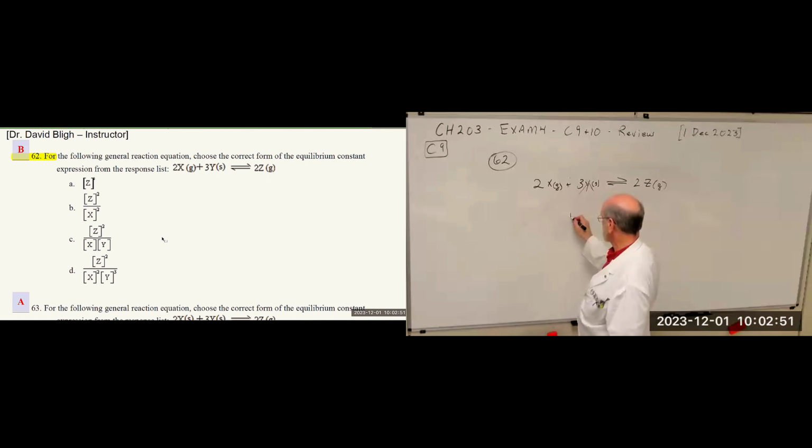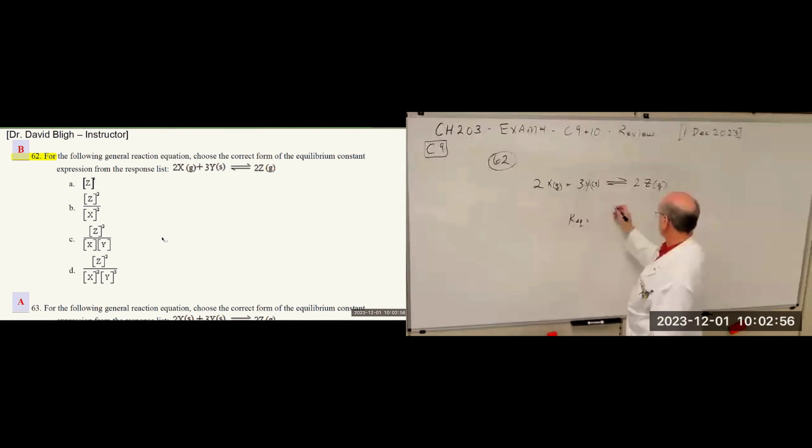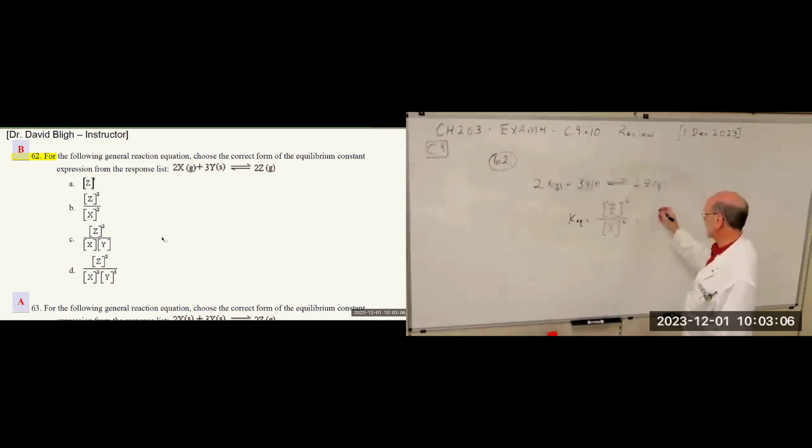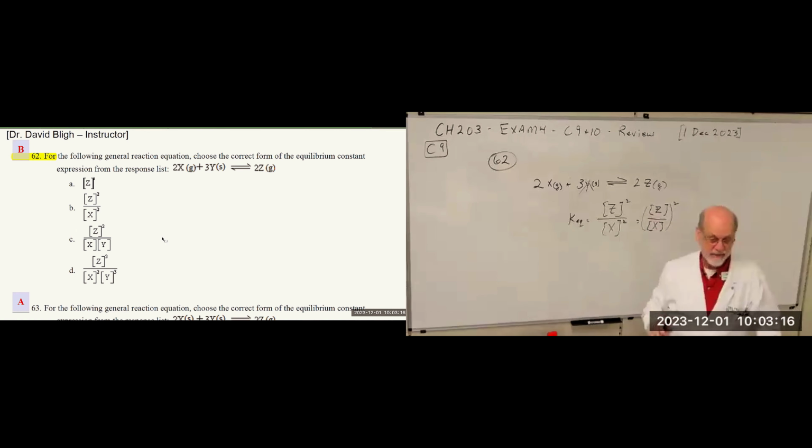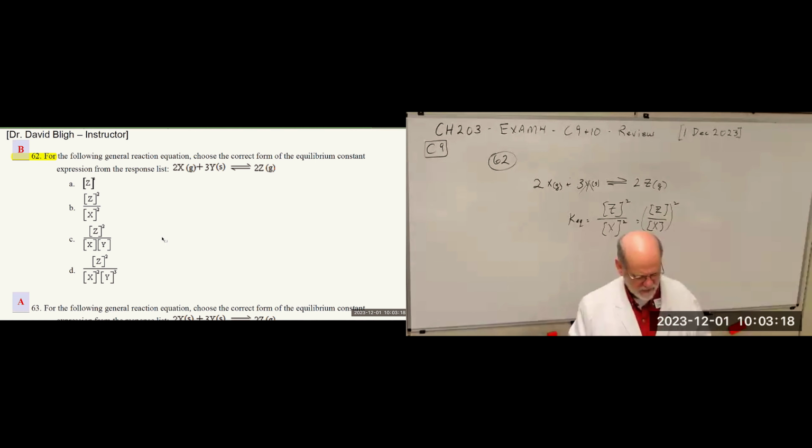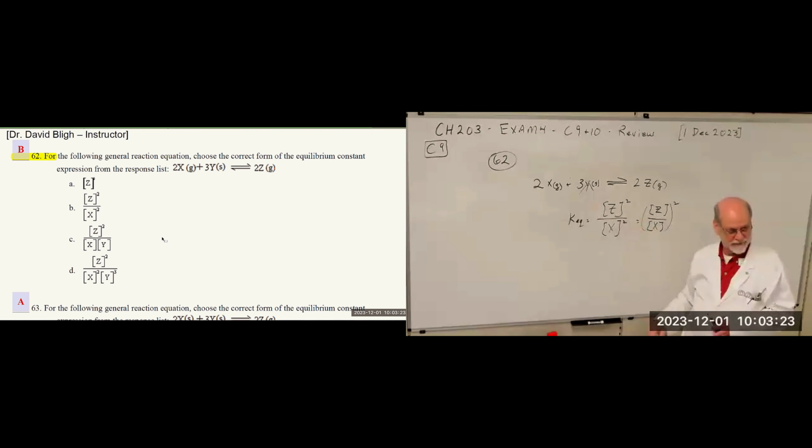So the equilibrium expression, Keq, would be Z squared over X squared, or we could reduce that and say Z over X and square the whole thing. Mathematically, that's the same thing, just in case they do that to us. No, they didn't. So B is the correct answer, this one. But for calculation purposes, that works too.